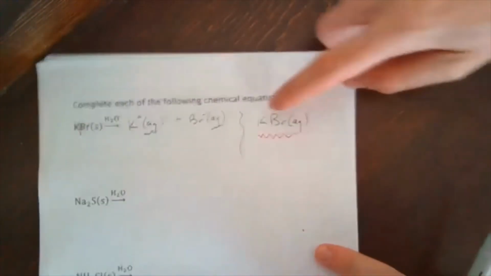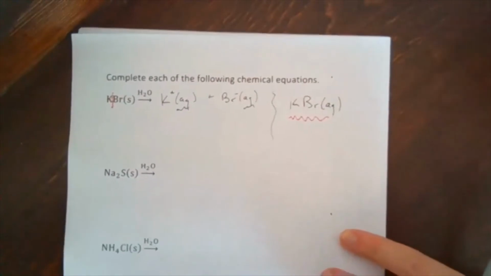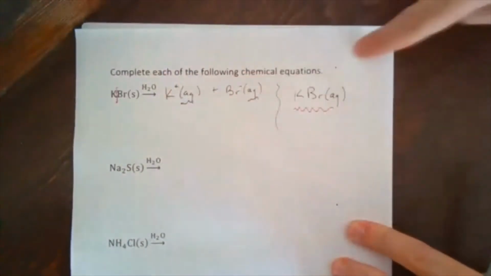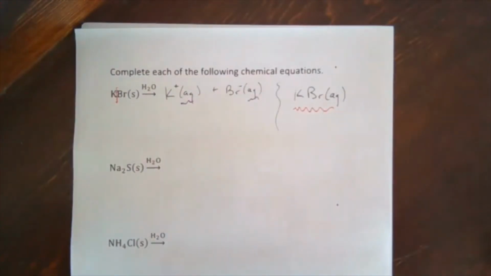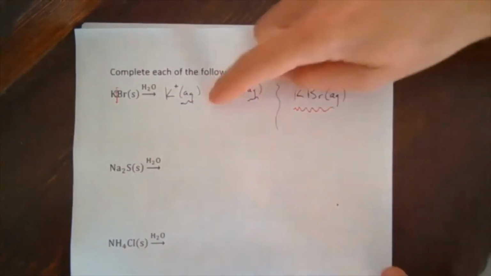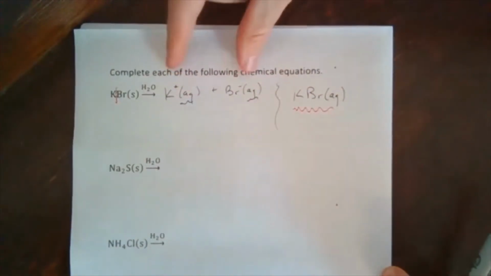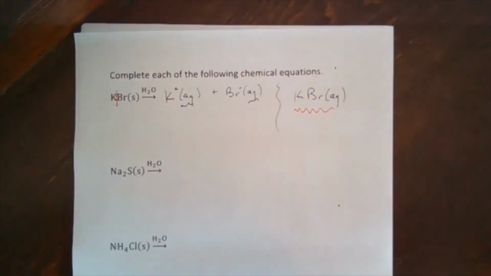It is not just KBr as a combo floating around. It's K+ floating around and bromide floating around by themselves. That's why they're added together. They're not linked together. The plus sign indicates that they are separate species.